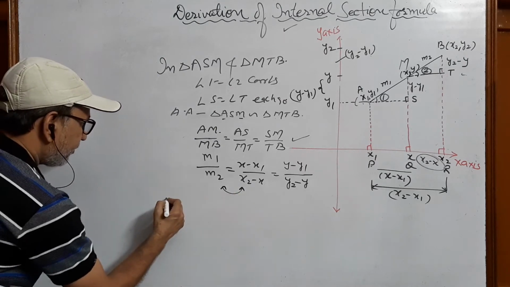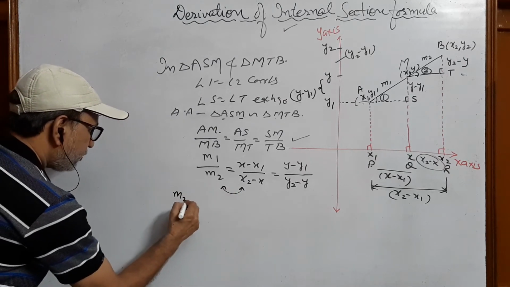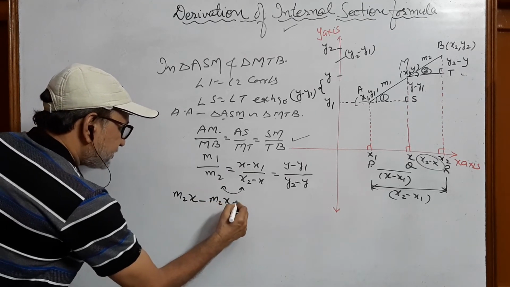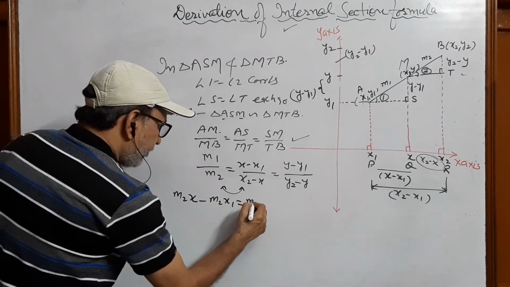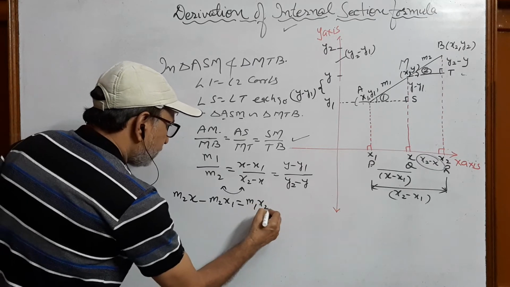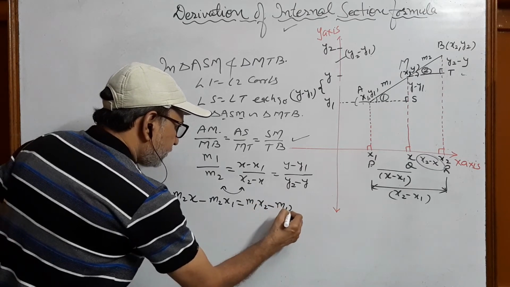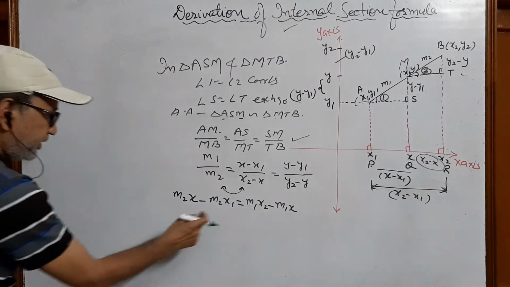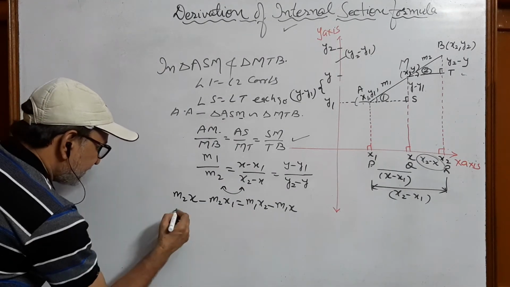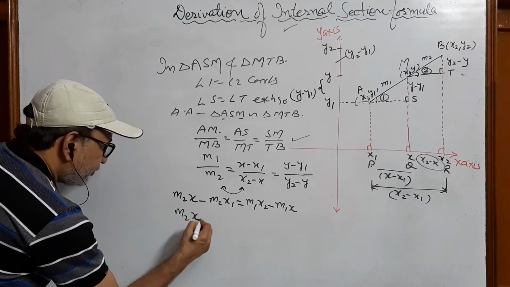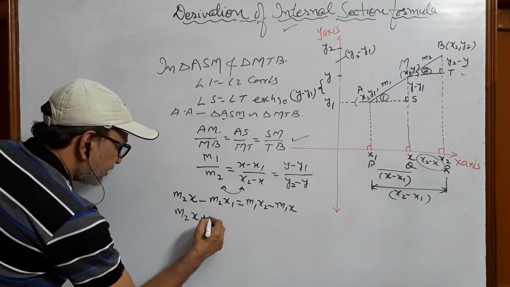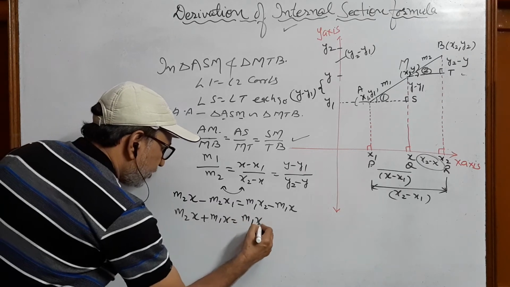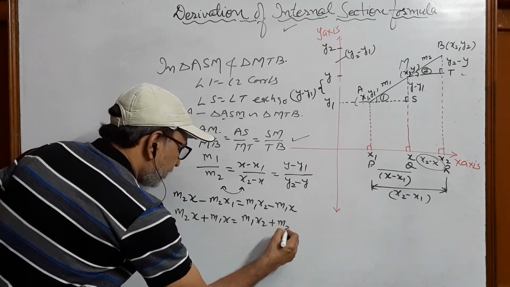So you can write here M2 X minus M2 X1, then M1 X2 minus M1 X. First we are taking the first two for finding X. So bring X on the same side by transposing: M2 X plus M1 X equals M1 X2 plus M2 X1.